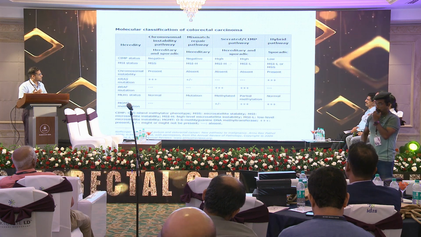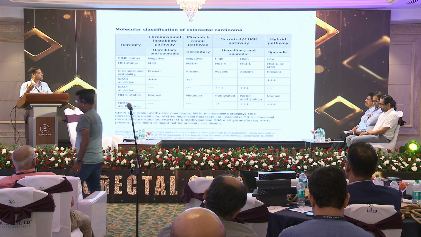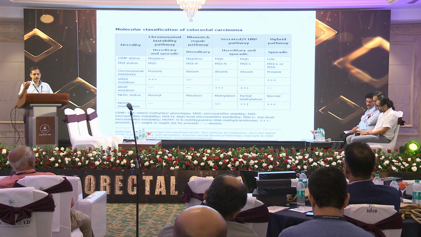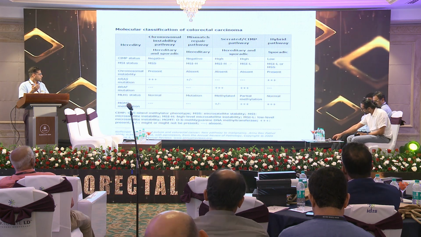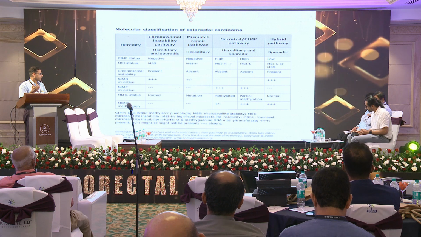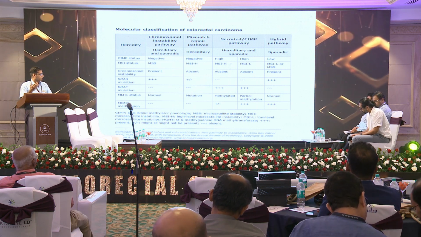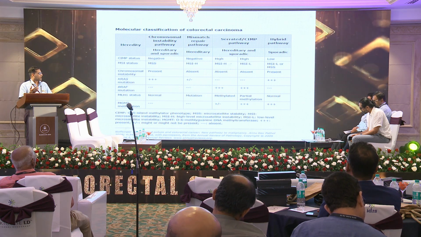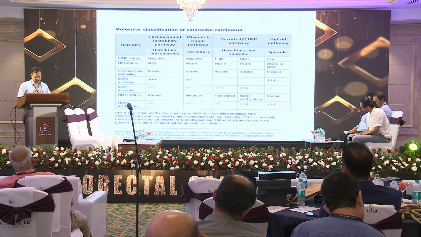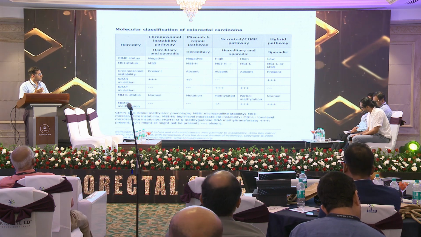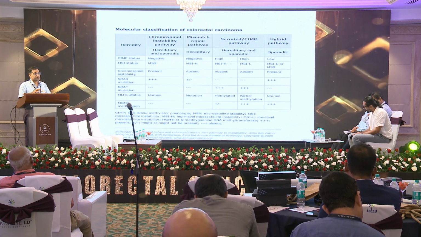Going to the serrated pathway, this can occur both in hereditary as well as sporadic cases. If it is hereditary, you can get high MSI, and the most common mutation is the BRAF mutation. If it is sporadic, you get high CIMP and a high incidence of BRAF mutation and low MSI. There is another pathway, also called a hybrid pathway, where you get a mixture of these pathways.